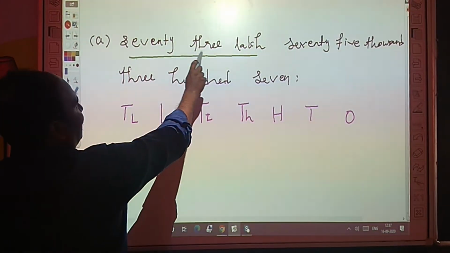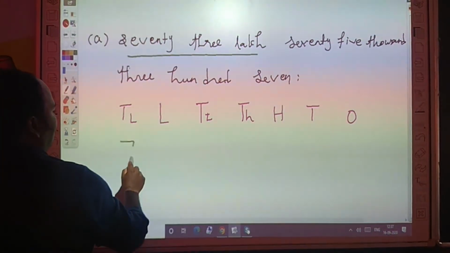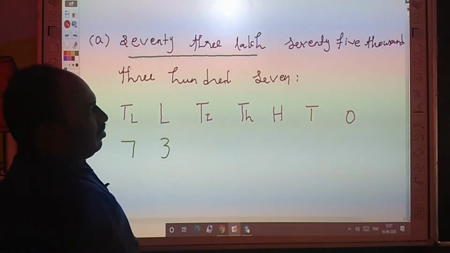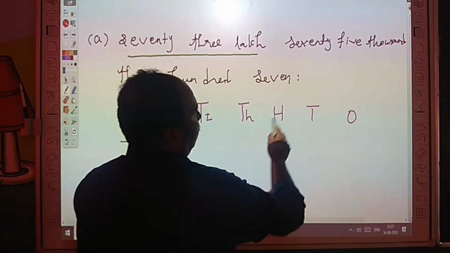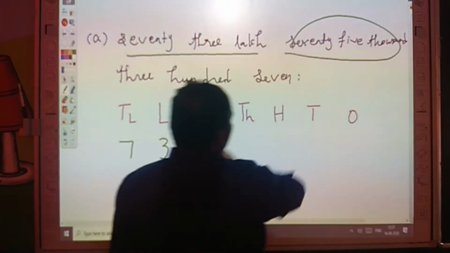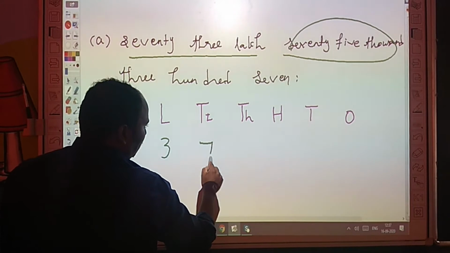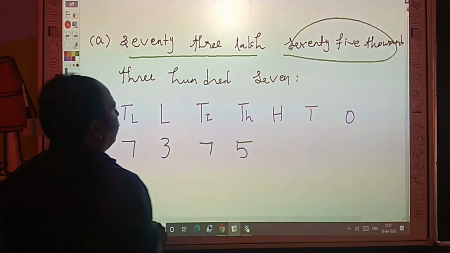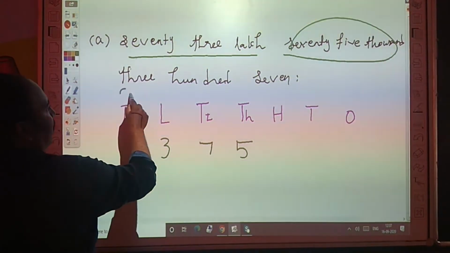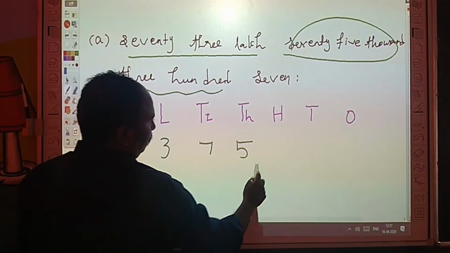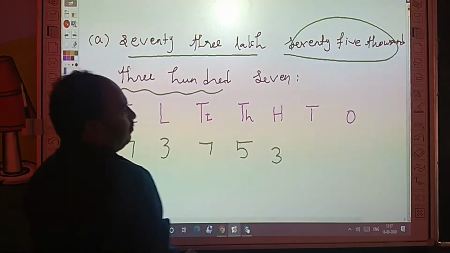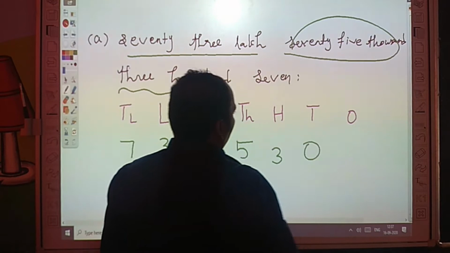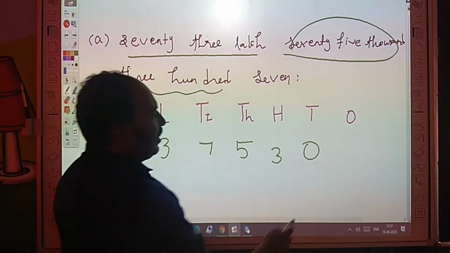Here 73 lakhs. Then 75,000s. So thousands place 5, ten-thousands place 7, and hundreds place 3. Here the tens place is nothing, so 0, and then the ones place is 7.